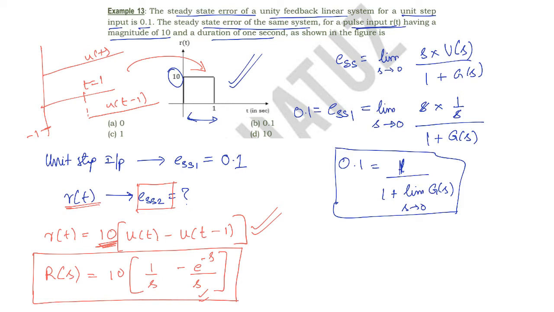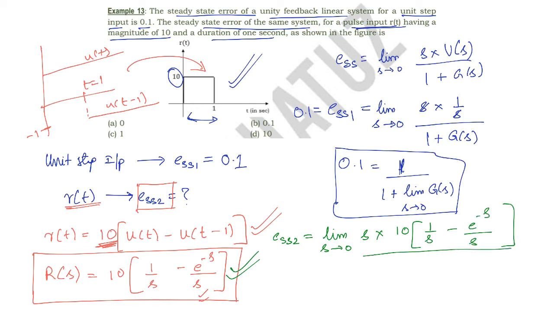Now ESS2 is equal to limit s tends to 0 of s into the input function, which is this function. So you write 10 into 1 by s minus e to the power minus s by s, divided by 1 plus G of s.